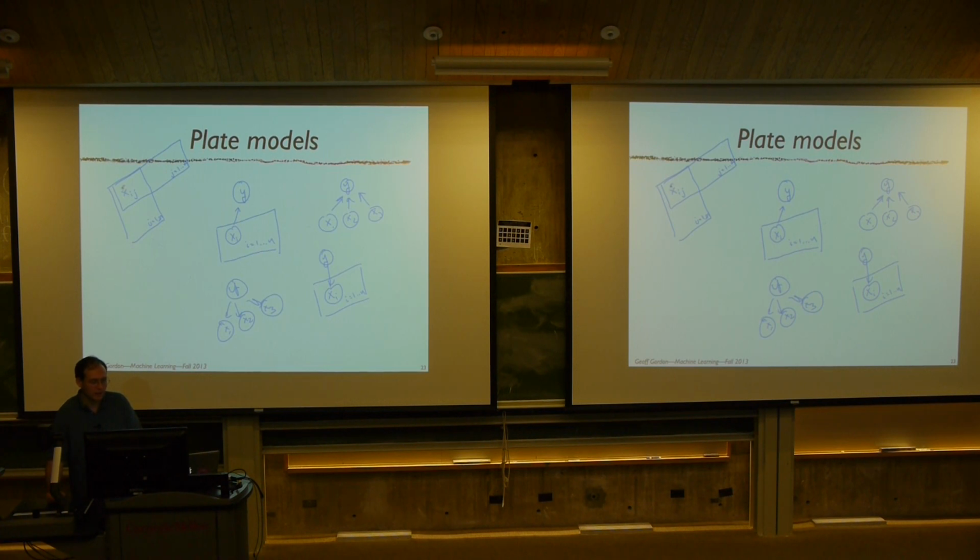And so now this node xij is inside two nested for loops, so there's going to be n times m of them.